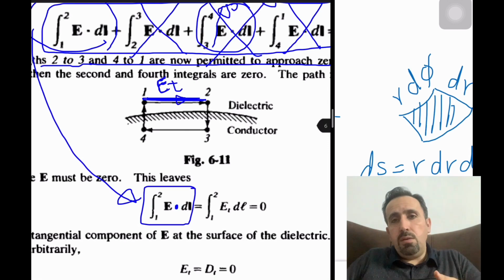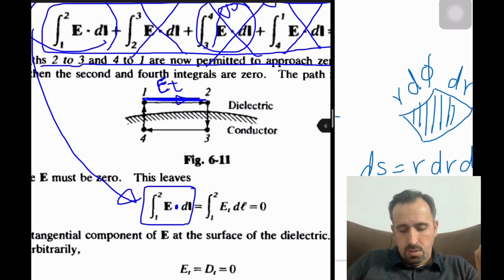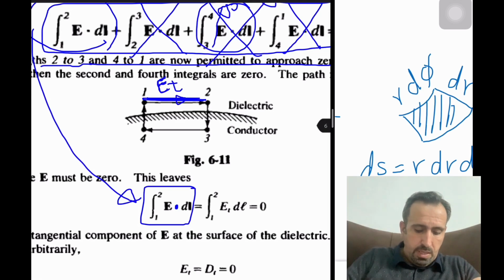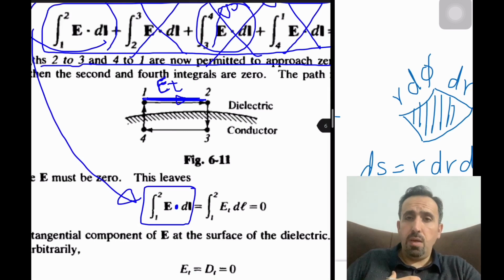So the non-zero product will be just in that case when you take dl dot product specifically with E tangential. But even if you perform this with E tangential, the result will be equal to 0. Why? Because we depend on the result of the equation.